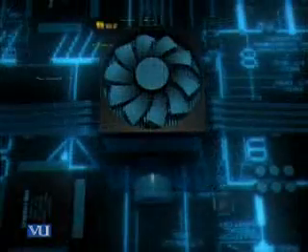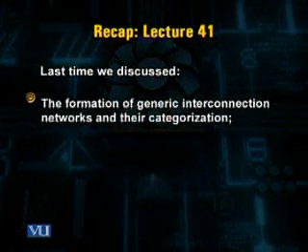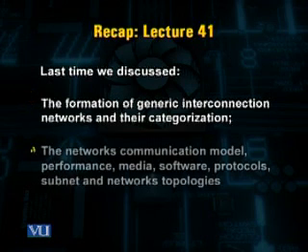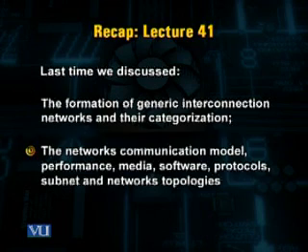internetworking, and clusters. Last time we discussed the formation of generic interconnection networks and their categories. Here we covered the network's communication model, its performance, media, the role of software, protocols, subnets, and network topologies.